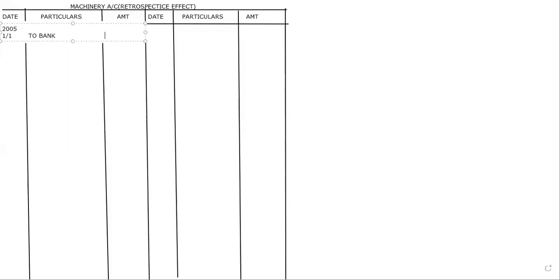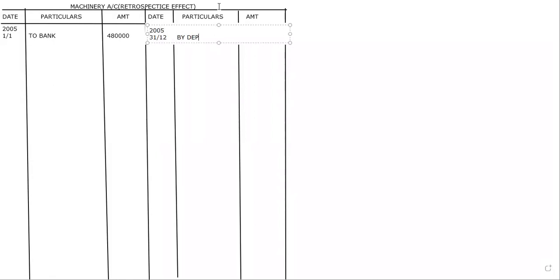I'm not writing machine or anything, because only one asset we are doing here. It is 4 lakhs 80,000. Now here there is no adjustment. We are only looking at one asset, so directly I'll go for calculating depreciation as on 31st December, by depreciation.